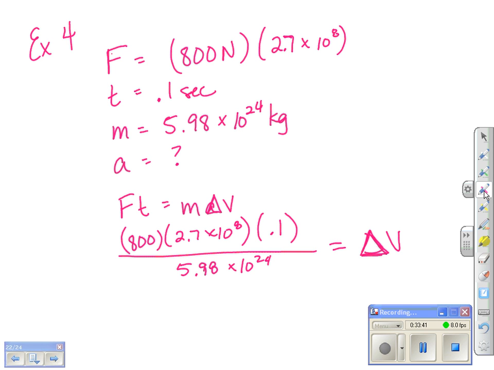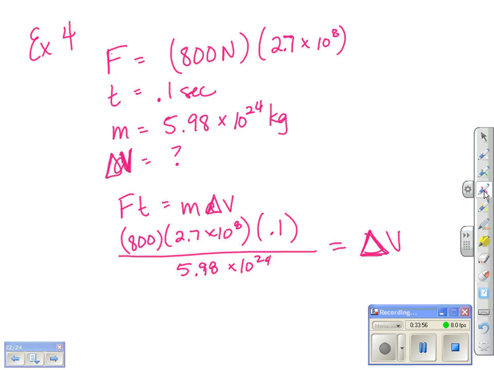It's not actually acceleration. I can't say that because I don't have the time involved anymore. It's just the change in speed. I need to fix that. Sorry, guys. It is just a change in speed because we moved the time over.